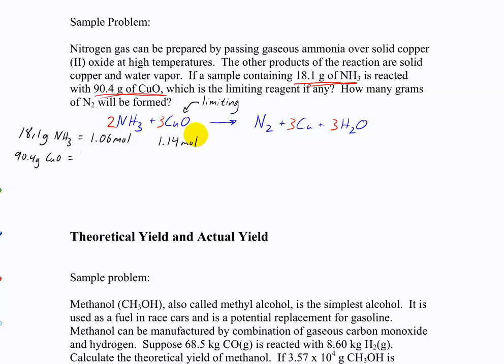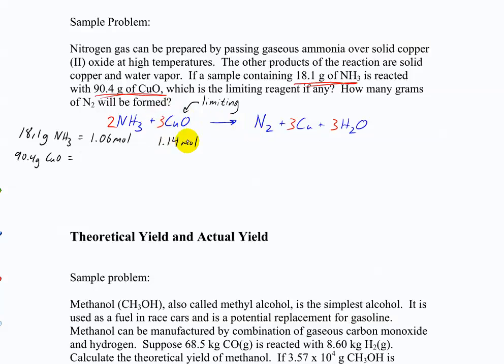Now that we've identified that, how can we figure out how much nitrogen is formed? Do we use the limiting one or the one in excess? The limiting one, because that's what limits us. The excess isn't going to react. So that means that how many moles of N2 are we going to form? 1.14 divided by 3, because these are in a 3 to 1 ratio.